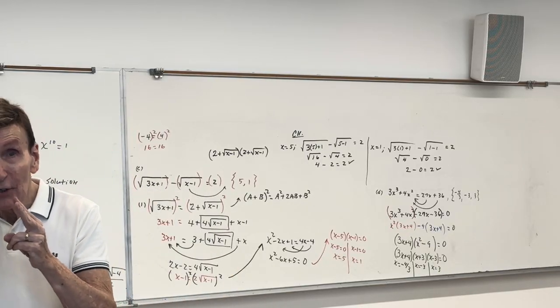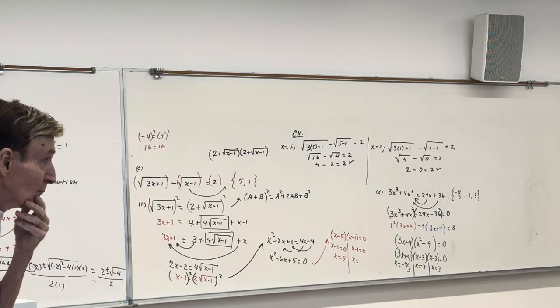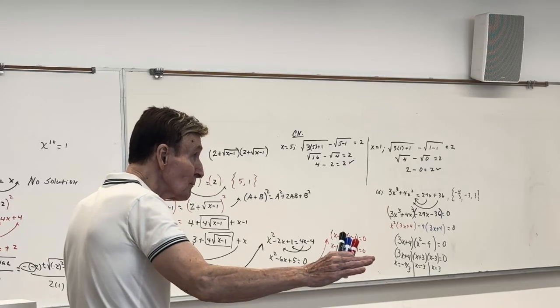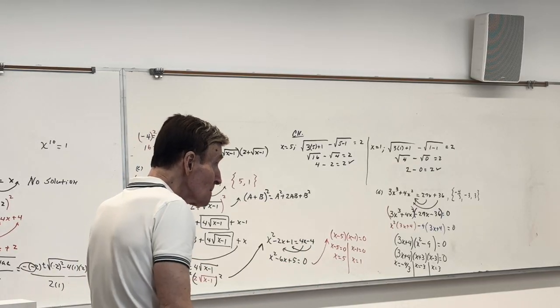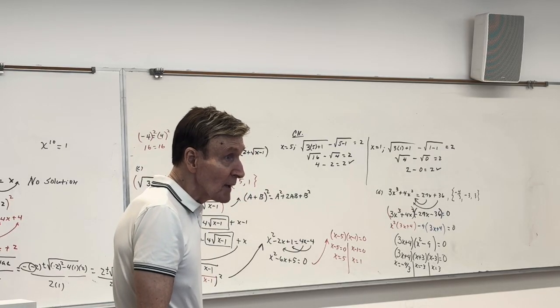Can anyone think of another real number that, when you raise it to the 10th power, gives you a 1 besides 1 and negative 1? I don't think so, not for us. Right? Well, let's just get 10 answers.